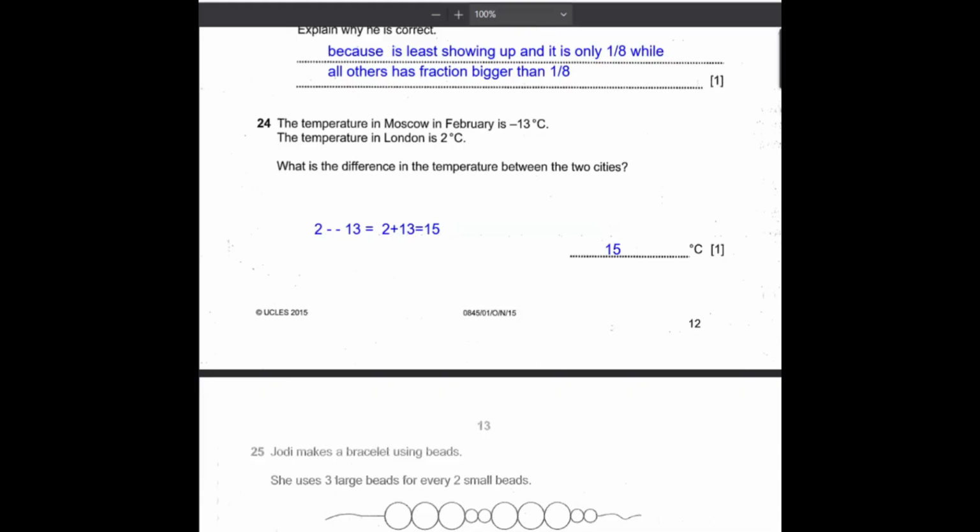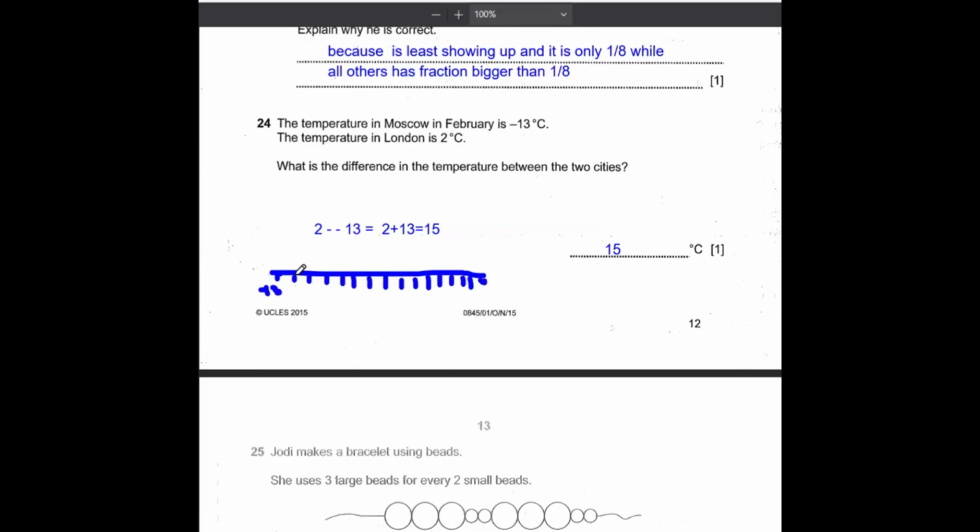Or other people, they could do what? They could count it on the number line. They say, for example, this is negative 13 over here, and then they go from negative 13 up to the 2. They find negative 13, negative 12, negative 11, negative 10, negative 9, negative 8, negative 7, negative 6, negative 5, negative 4, negative 3, negative 2, negative 1, 0, 1, and then 2.